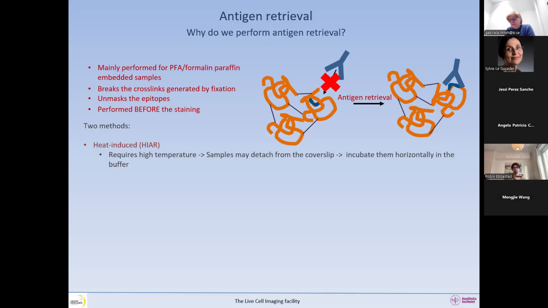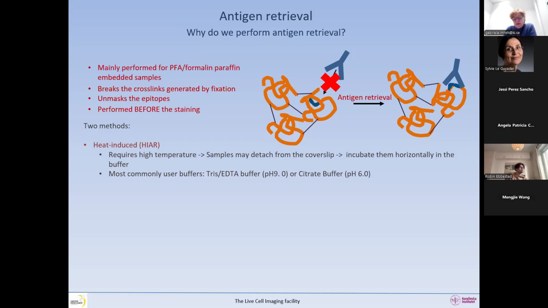One of the tips we have, if your setup allows you, is instead of having your sample vertically facing down, maybe you are able to incubate them horizontally in the buffer that you use to perform the antigen retrieval.